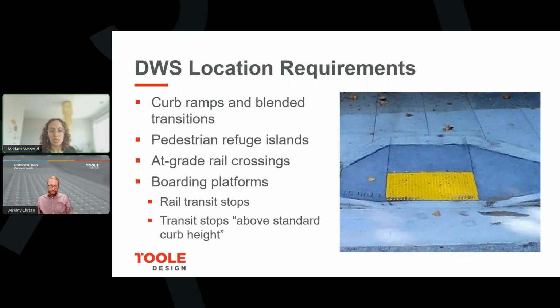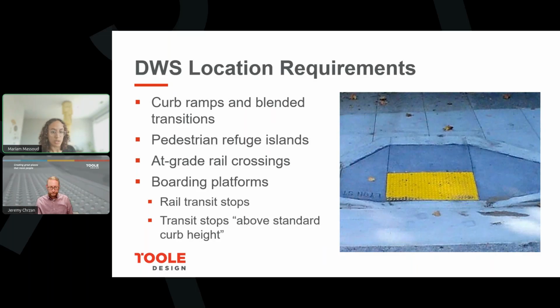This slide and the next one list a few locations where detectable warning surfaces are required. So we've already been talking about curb ramps and blended transitions, but some of the other locations where they're required include pedestrian refuge islands, at-grade rail crossings, so crossings of railroads, and boarding platforms.